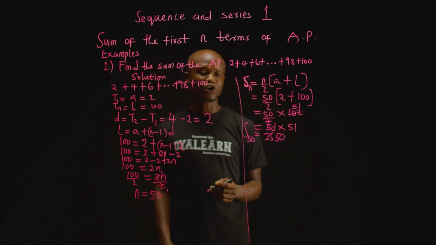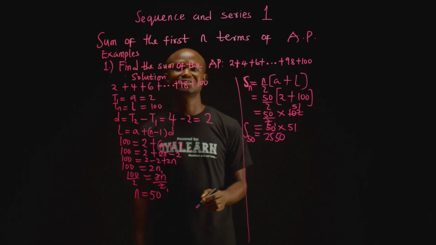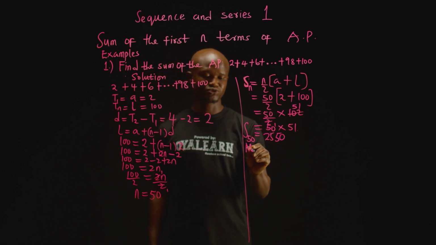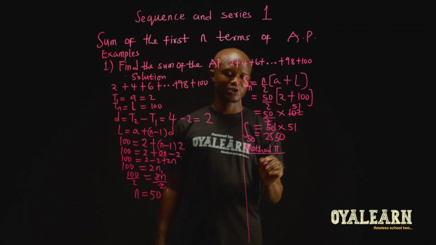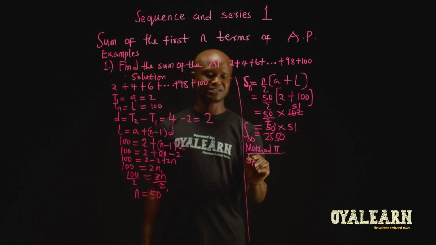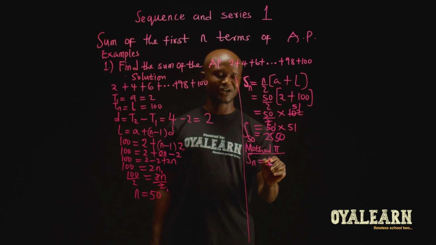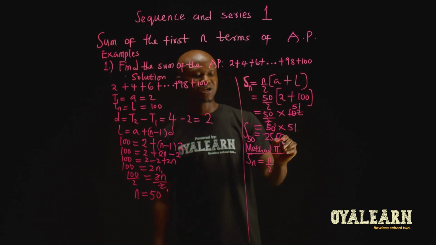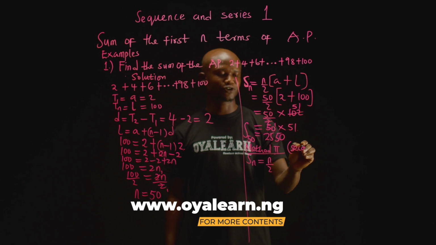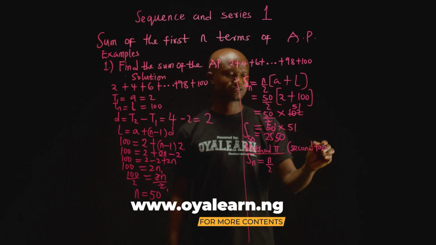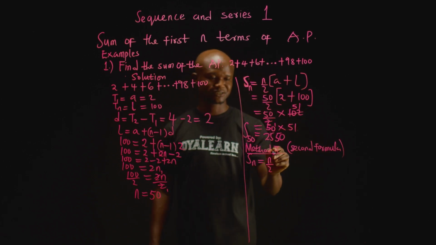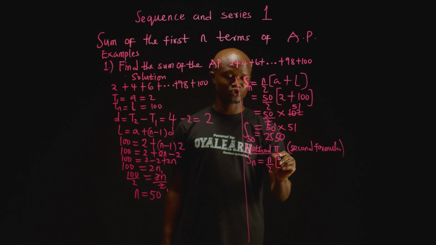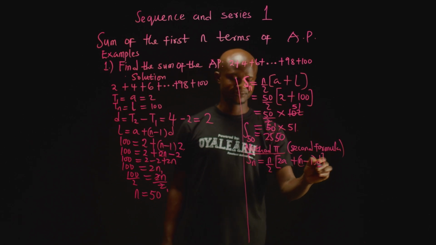We can also use the second method to determine the sum of the AP, method 2, which is Sn equals n over 2. Method 2 represents the second formula. Don't forget, second formula. While method 1 is the first formula, which is n over 2 into 2a plus n minus 1 d.